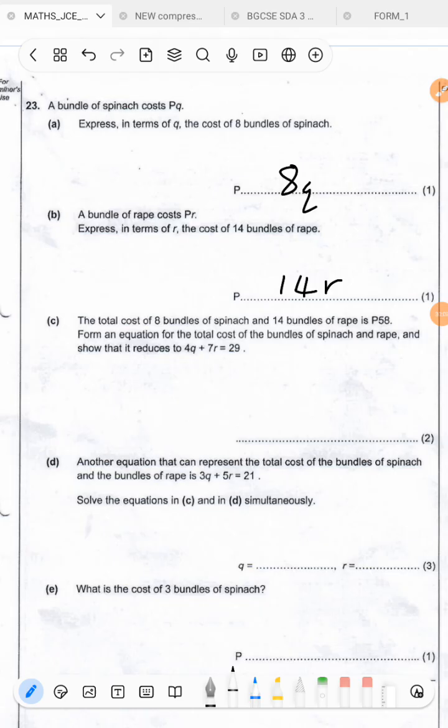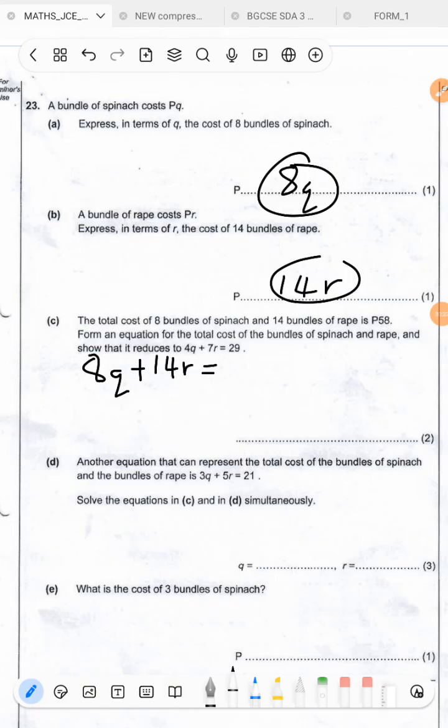The total cost of 8 bundles of spinach and 14 bundles of rape is 58. Form an equation for the total cost of the bundles of spinach and rape and show that it reduces to that. So to form an equation, we are going to add these two here. 8Q plus 14R is going to be 58.